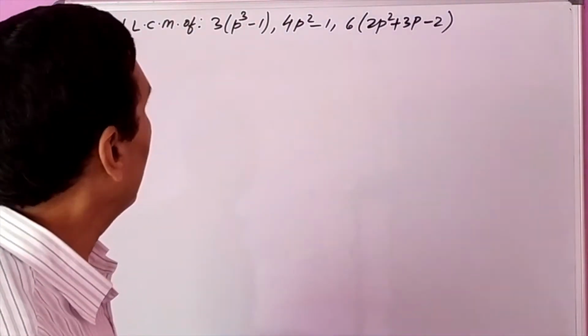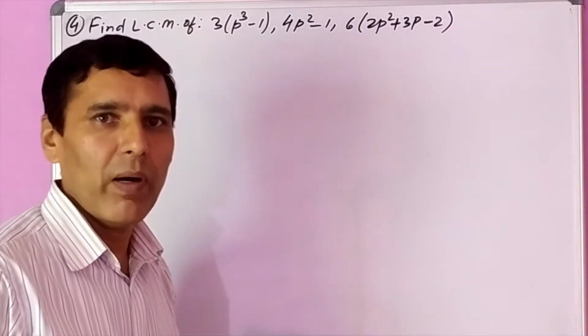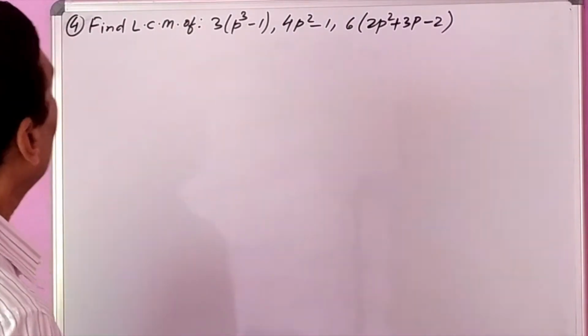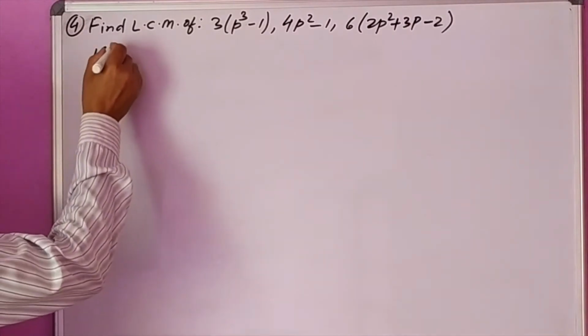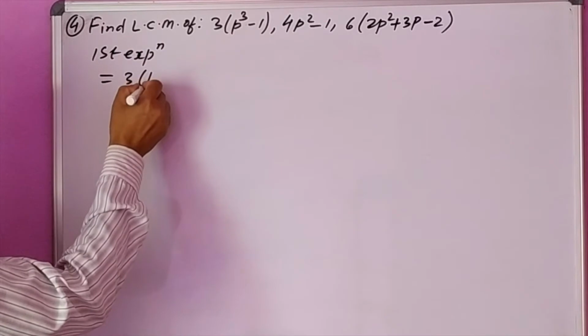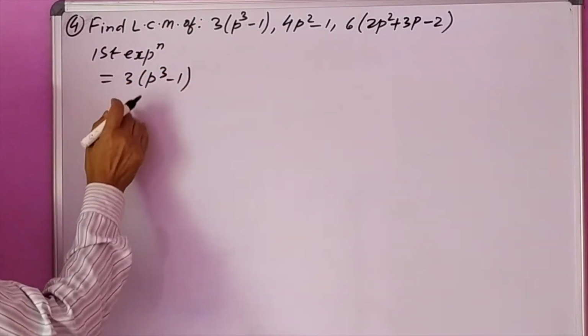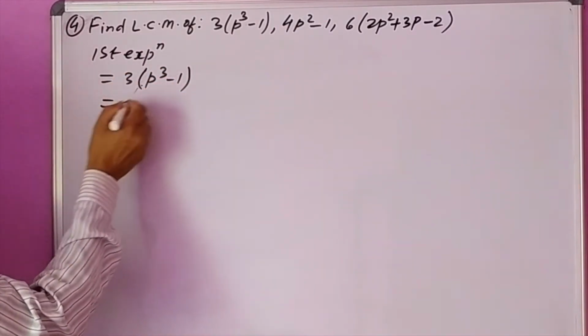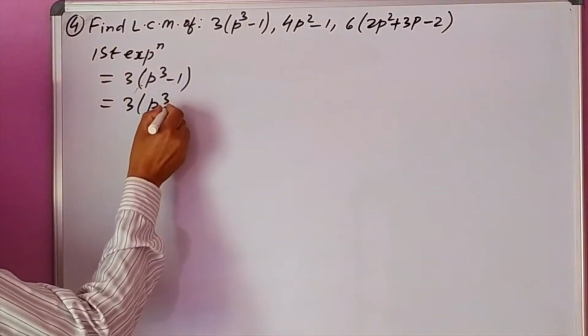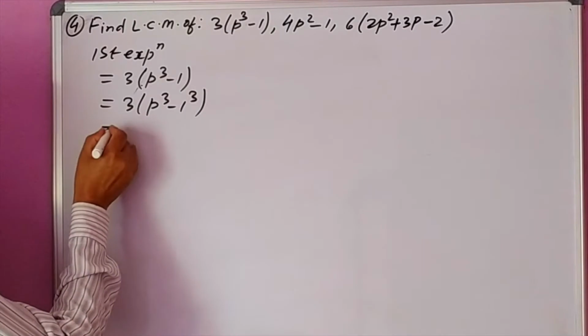So to find their LCM, we factorize them one by one. You know the process very well. So our first expression is 3 times p³ minus 1. We can use the formula of a³ minus b³ there: p³ minus 1³.